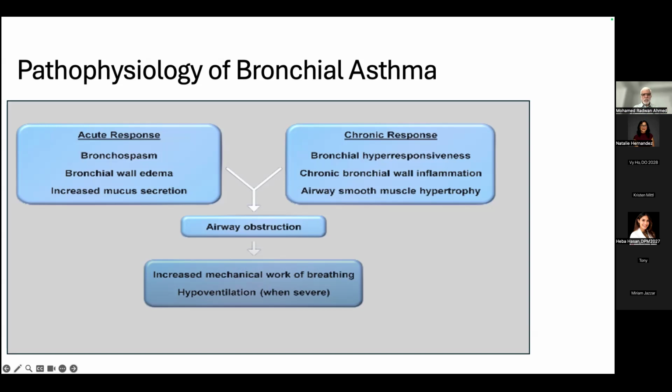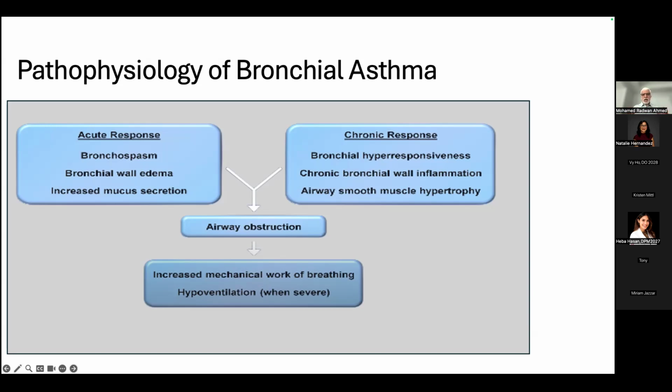All right. And as we said, all of this is airway obstruction, and this will increase the mechanical work of ventilation, breathing. So the patient finds it difficult to breathe, to expel the air against these inflamed, narrowed bronchi. This will create more mechanical stress on the chest wall and diaphragm to expel the air during expiration.